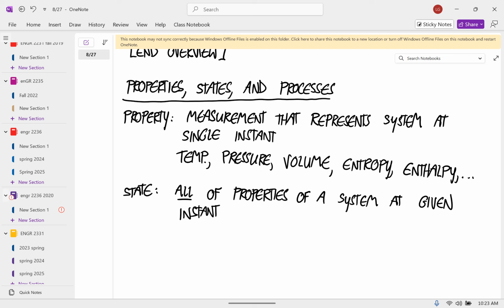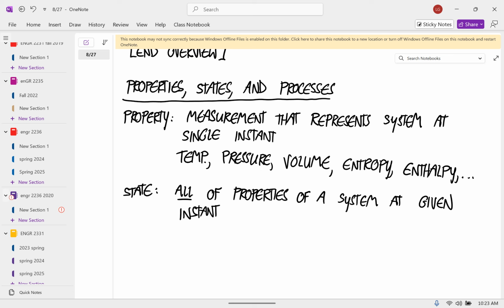So temperature is a property, but the state is defined by not just the temperature at that instant, but the temperature, the pressure, the enthalpy, the entropy, infinitely many things that define that instant.